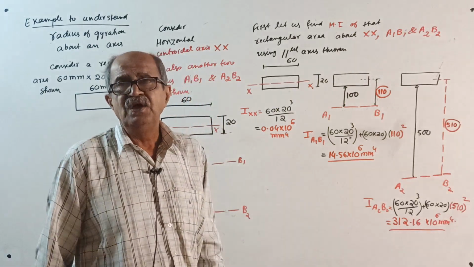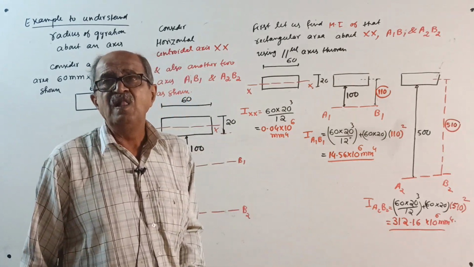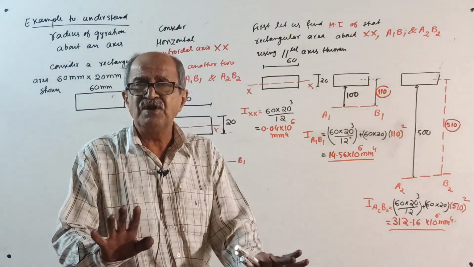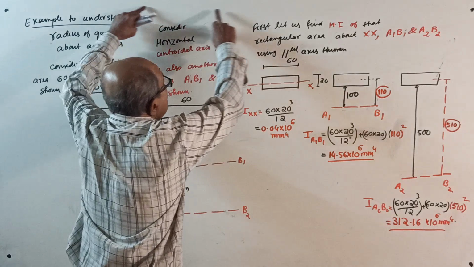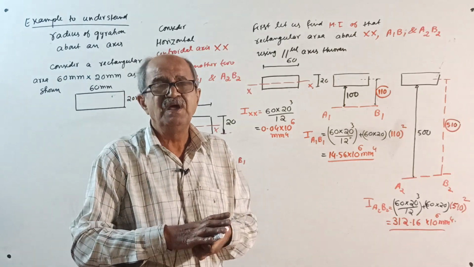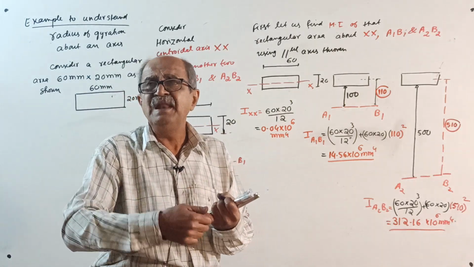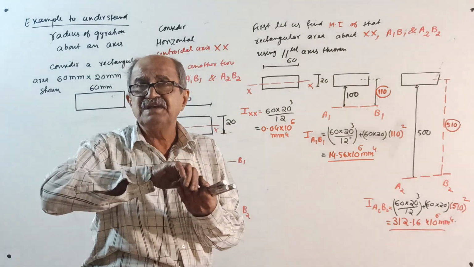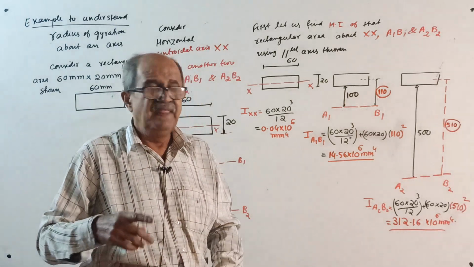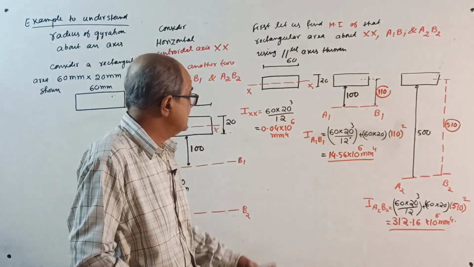And one more thing, anybody who is not interested in all these basic concepts, wait for some time. I will finally give a summary here. That summary is very simple. You study that one, that's all. But I am giving everything because my course is engineering mechanics, strength of materials, structural analysis, and also later RCC and steel. Therefore, full structural design concepts are covered here. So that's why I am explaining.